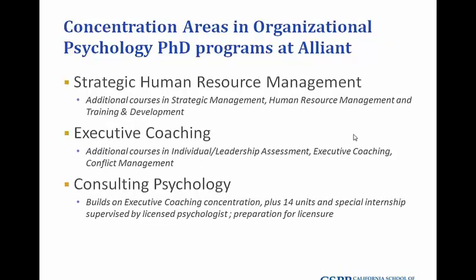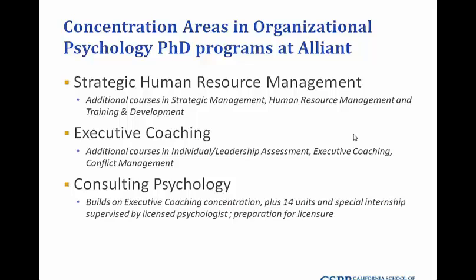All right. I mentioned earlier that for the PhD programs right now, at Alliant, we have redesigned and improved our PhD offerings to have 3 different concentration areas, and it's possible more concentration areas could emerge in the future. But at the present time, these are 3 major concentration areas that PhD students can elect to specialize in.